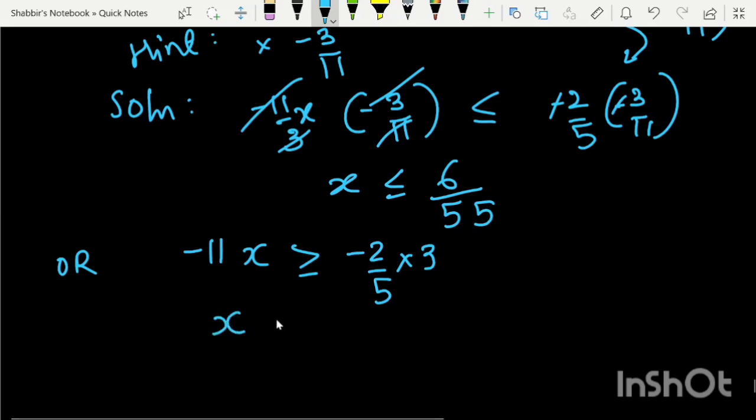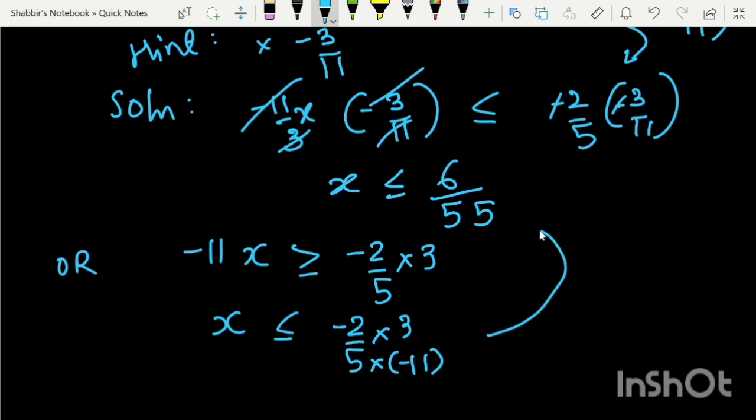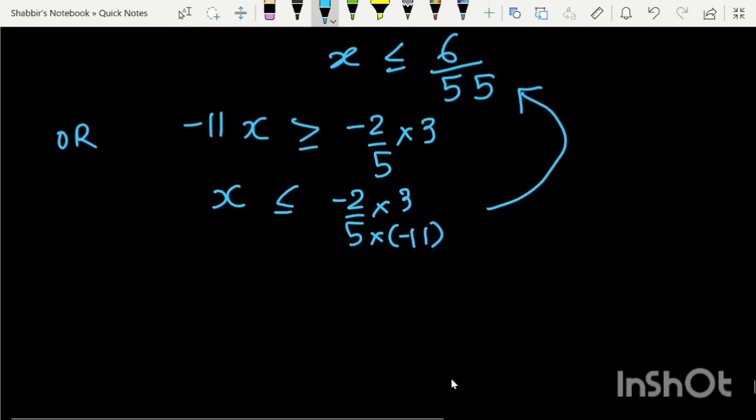Now you can cross multiply minus 11 from LHS to RHS, but since you cross multiplied a negative number, the coefficient of x which was negative, after cross multiplying the sign gets reversed and you will get the same answer. That way also you can solve.